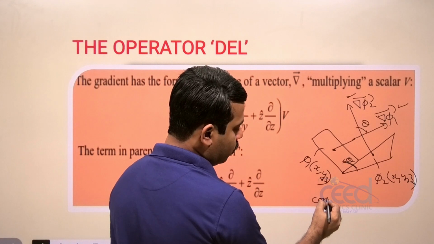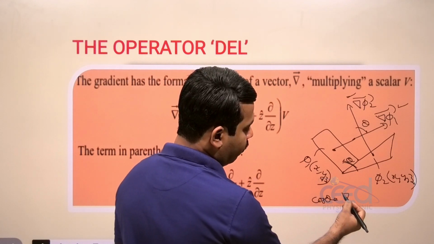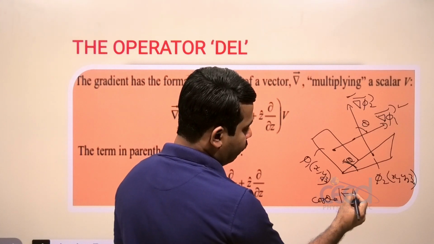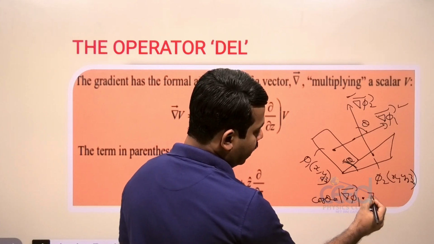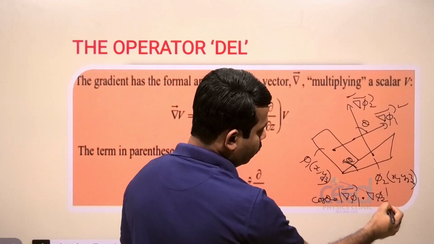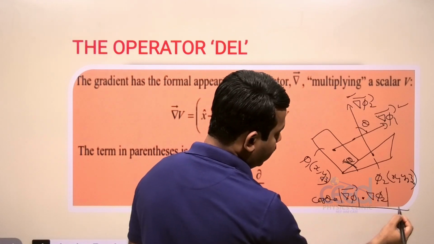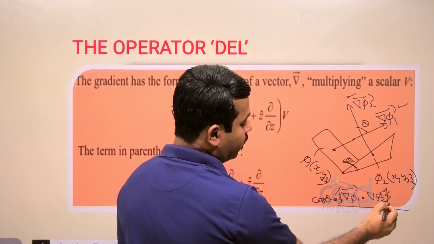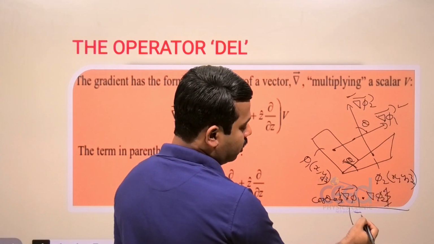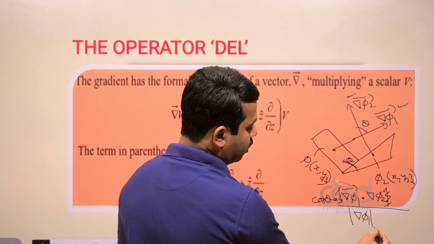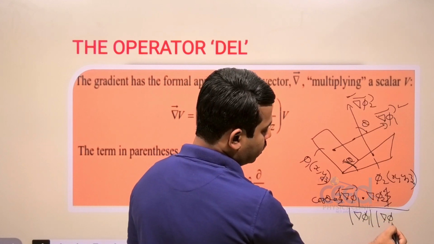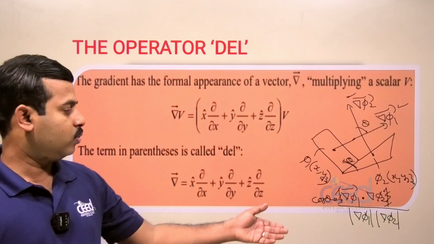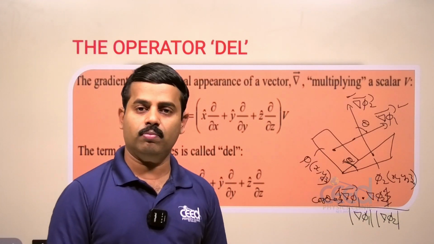Cos theta is equal to del phi 1 dot del phi 2 divided by mod del phi 1 mod del phi 2. This is the equation we studied for the angle between two vectors. So using that we can find the angle between them.